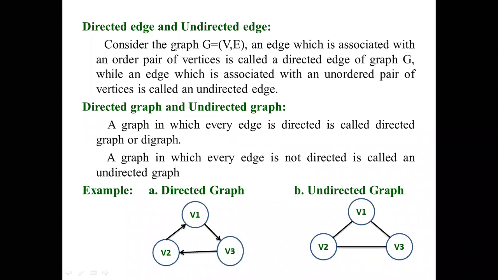Directed edge and undirected edge. Consider the graph G = (V, E). Here V represents vertices and E represents the edge set.